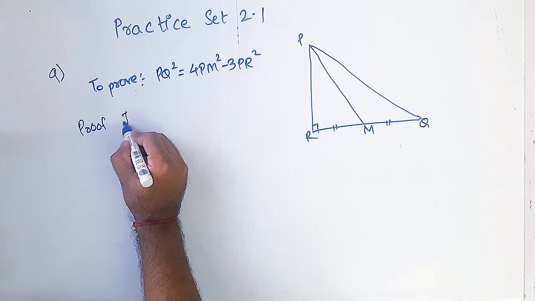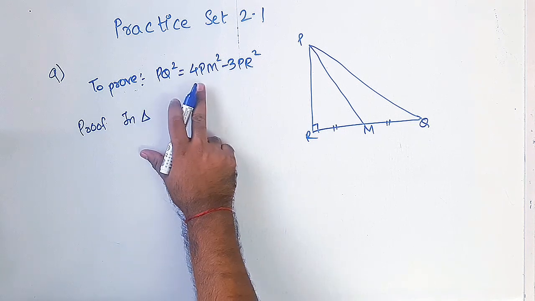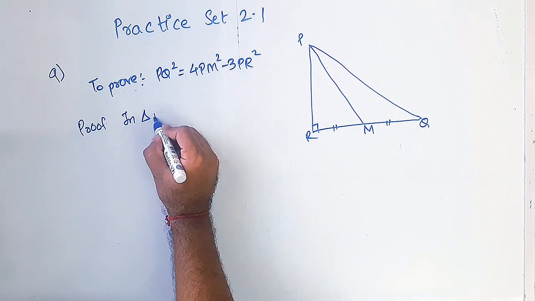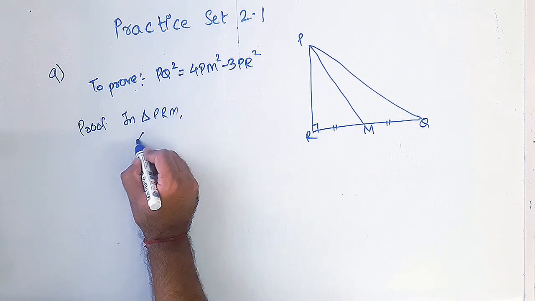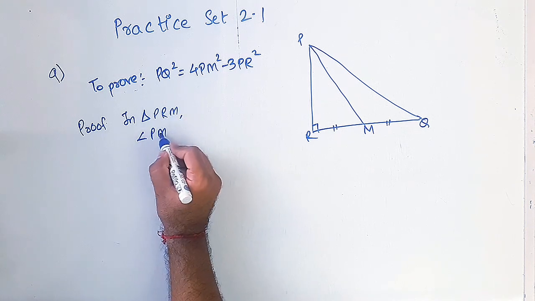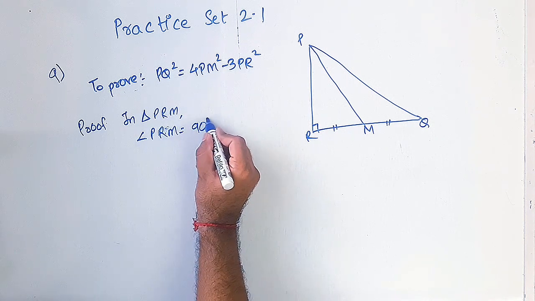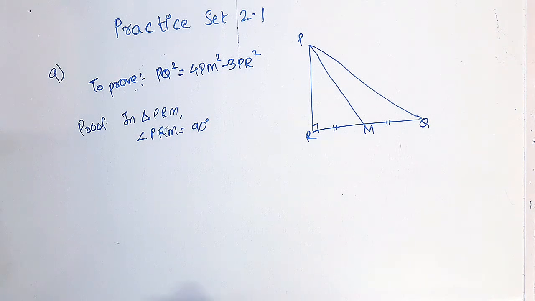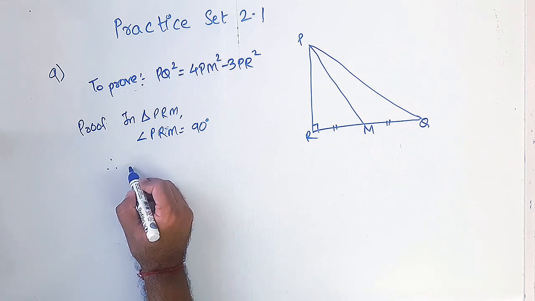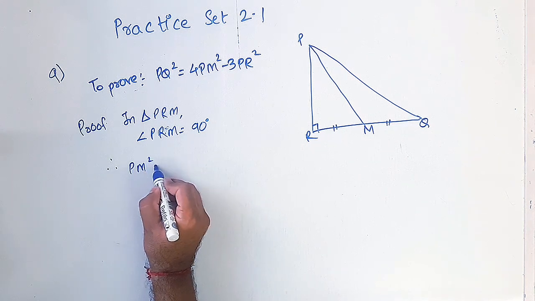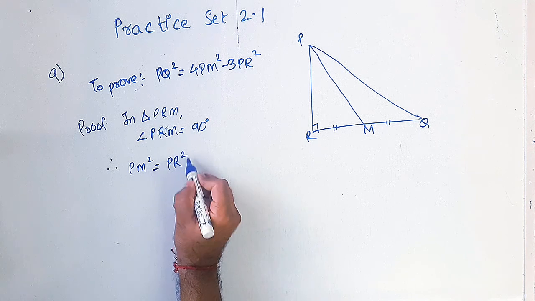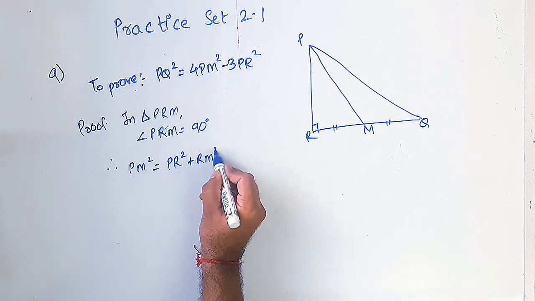We'll write in triangle, first I'll go with PM, PRM, angle PRM equals 90 degrees. Therefore I can write, PM square is equal to PR square plus RM square.